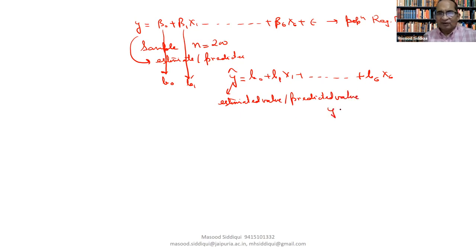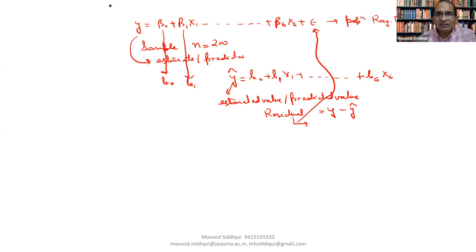And the difference of these values, y and y cap, is known as error or residual. So error doesn't mean something went wrong. Actually, it gives an estimate of epsilon or the error term. So they are known as residual values.